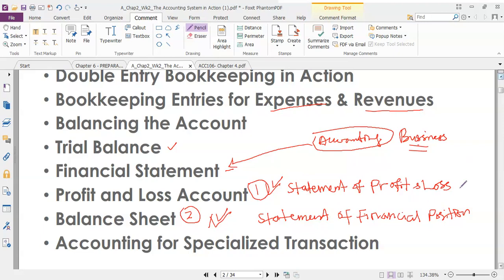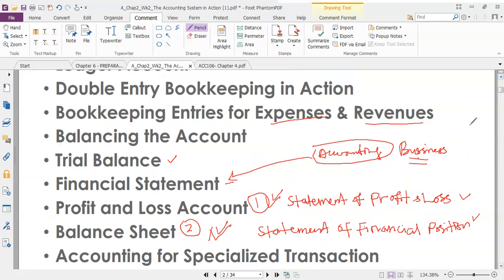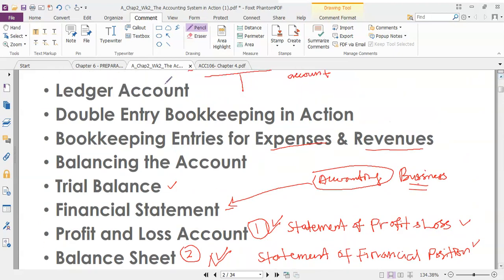So, sebelum kita menghasilkan dua benda ni, we must go through process one by one. Pertama you dah tahu double entry, and then you must know how to open ledger account. After buat ledger account, kita akan buat balancing of the account, and then kita akan buat trial balance. After that, last kali baru kita buat statement of profit and loss dan statement of financial position. Okay, that is the process.